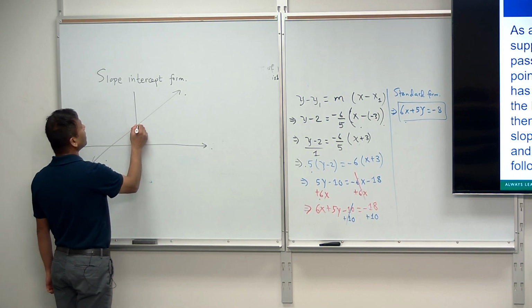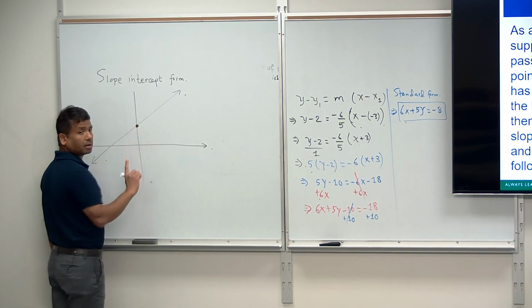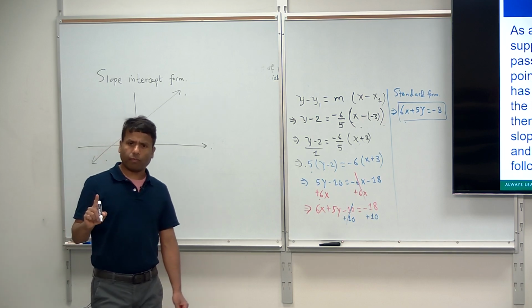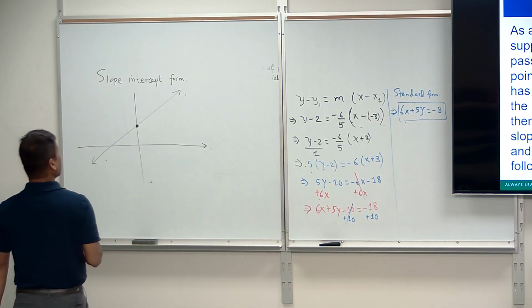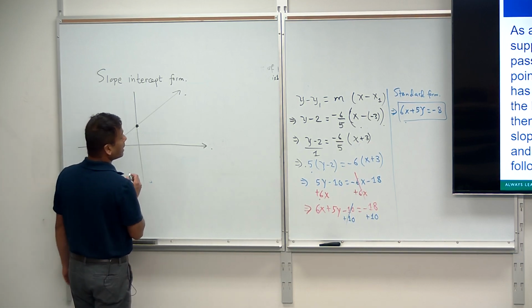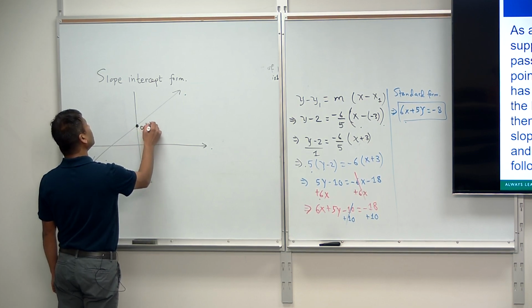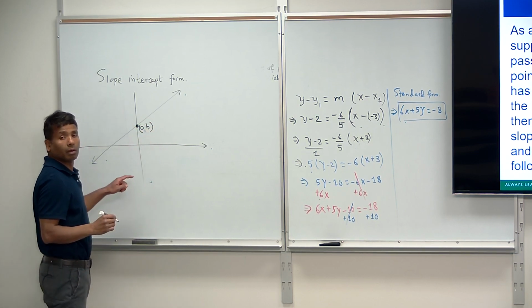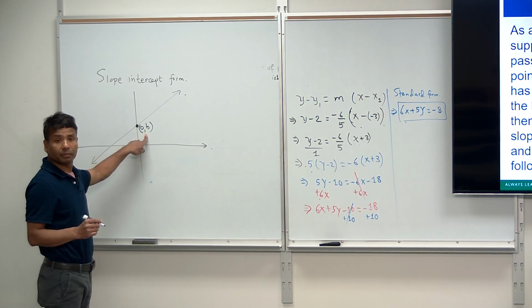The y-intercept is the value of y when x equals 0. So let's say the y-intercept is b. That means this line will pass through the point (0, b). Is that right?